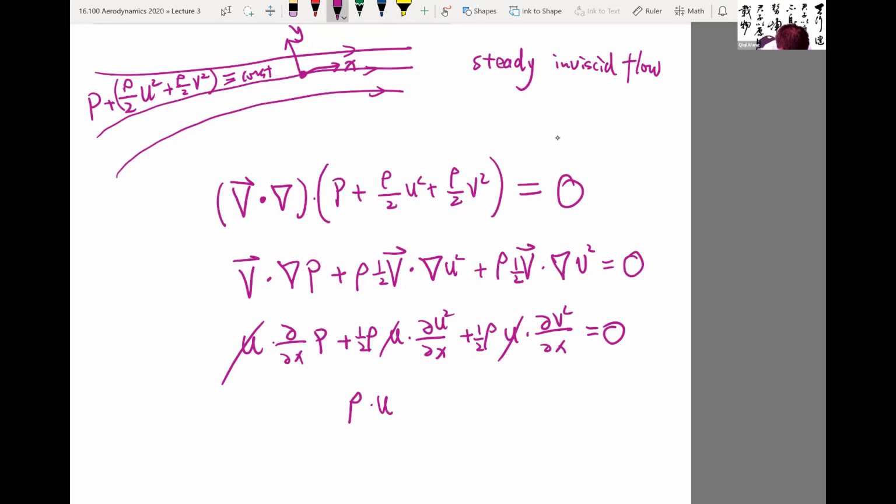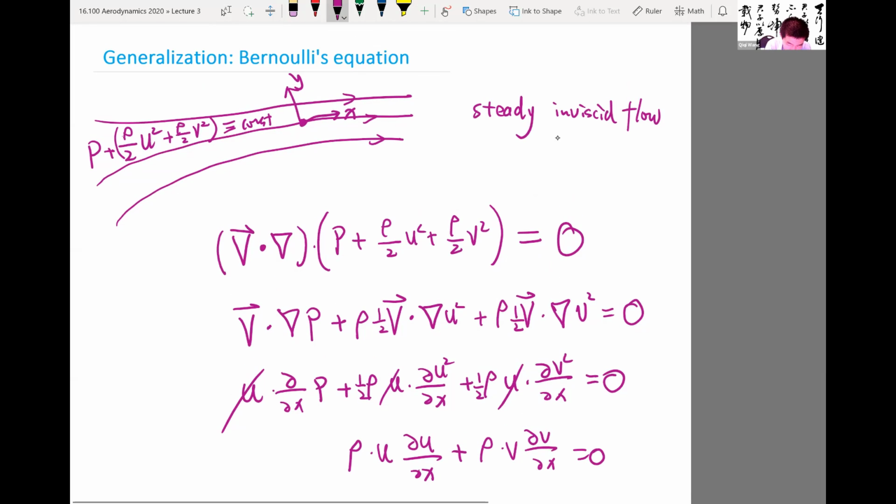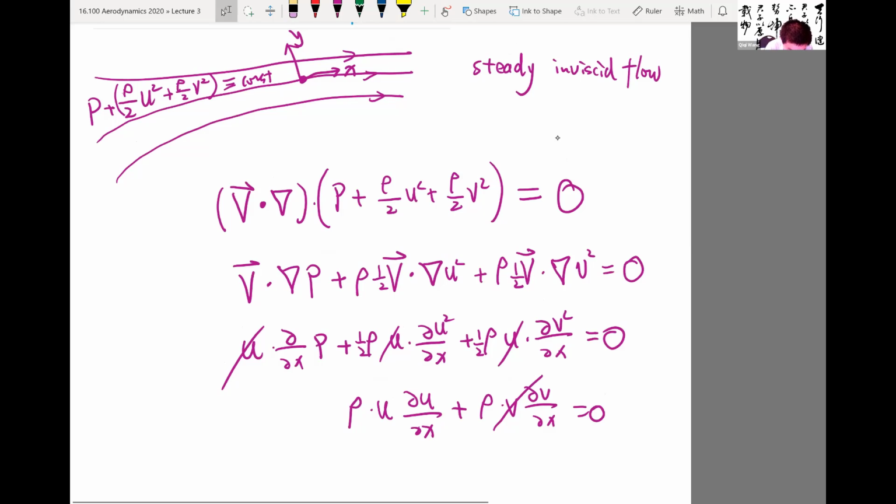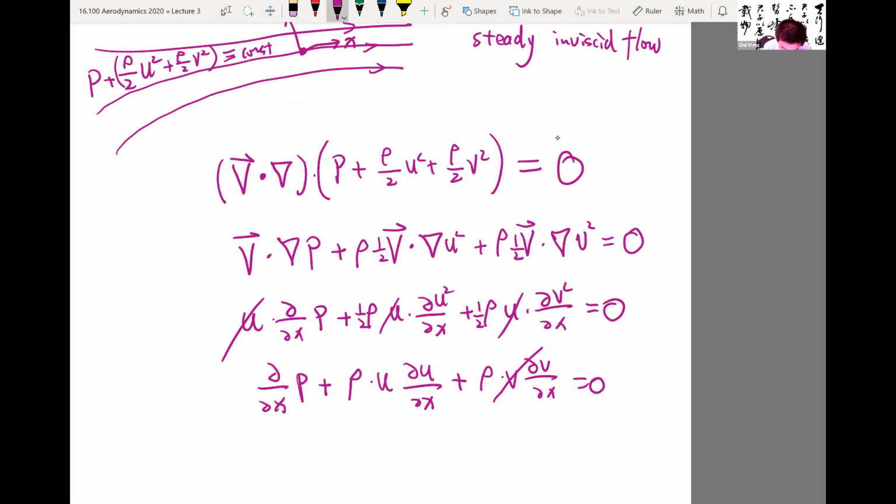So we have rho u times du dx plus rho v times dv dx is equal to 0. Because we have rotated the frame so that the velocity is aligned with the x direction, v is equal to 0. I also forgot the d dx of p term. So the third term becomes 0.